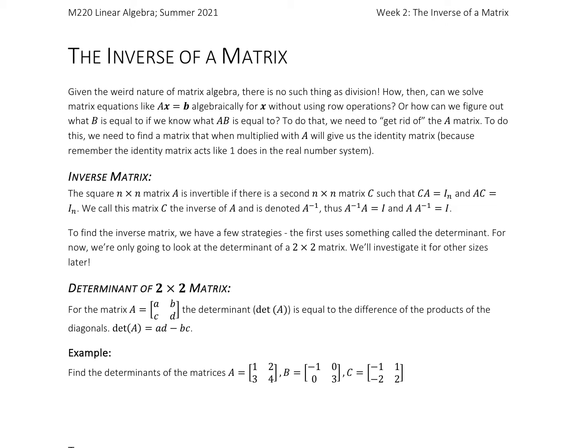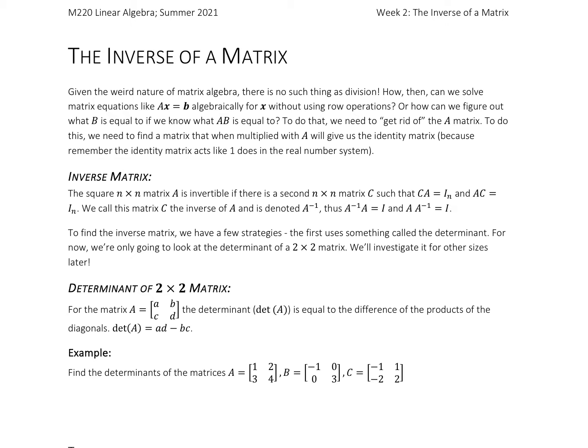So, I mentioned in the last video that there is no such thing as division when it comes to matrix operations. So, if I wanted to determine what A or B is, or if I want to go backwards through an algebra equation or solve something in a different way, I often will need things like division, right?